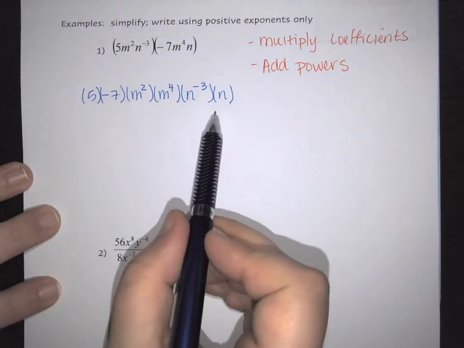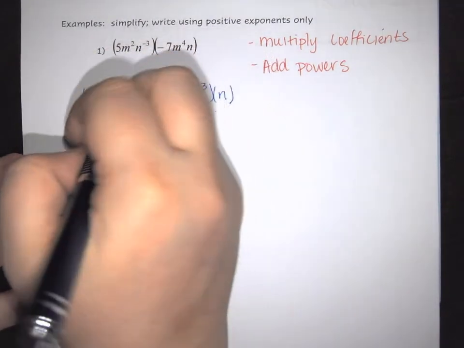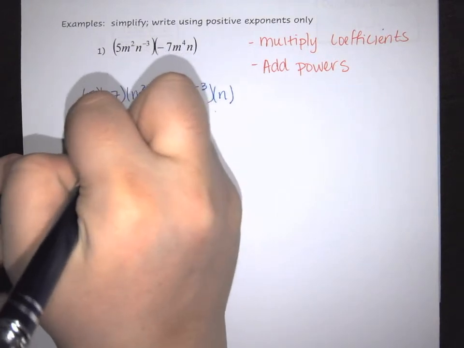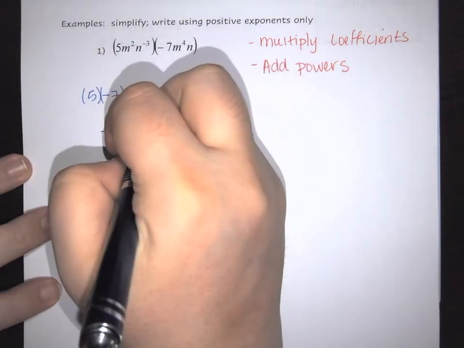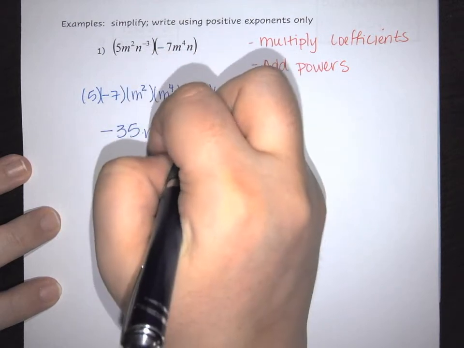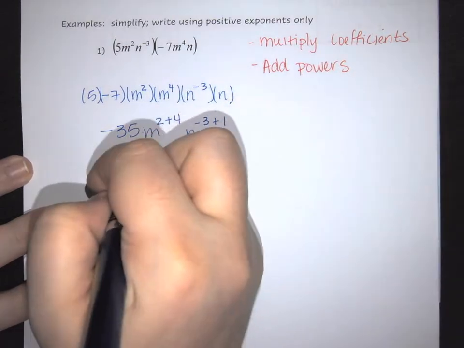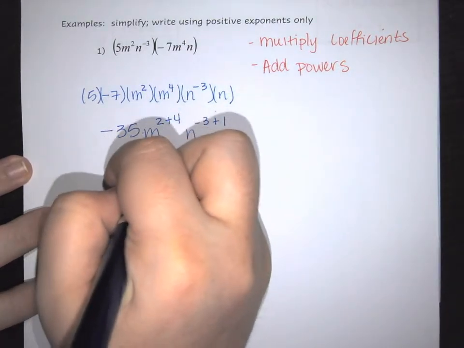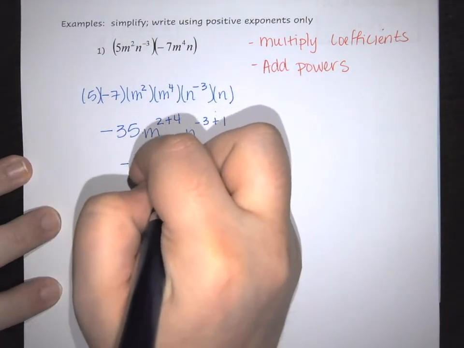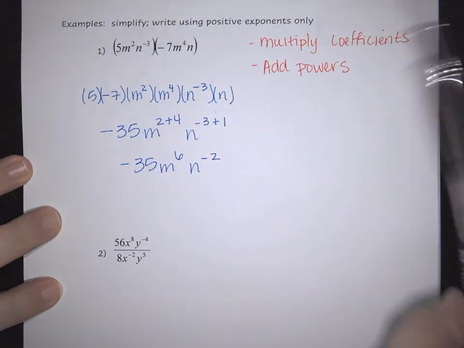So now that I've put them all together, I'm going to go ahead and multiply. 5 times negative 7 is going to give you a negative 35. This is going to be m to the 2 plus 4 and n to the negative 3 plus 1. So if we reduce that, we get negative 35, m to the 6th, n to the negative 2.